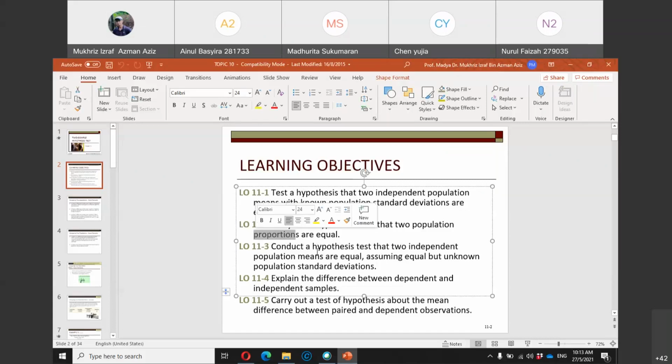Similar to the previous chapter, we have the proportions concept as well. Since this is part of the syllabus, we will go through this concept as well, but in terms of the focus of the discussions, the exercise and also your assignments later on, we'll be focusing mainly on the T distribution when sigma is unknown, and some will be dealing with the Z distribution when the sigma is derived from the population.